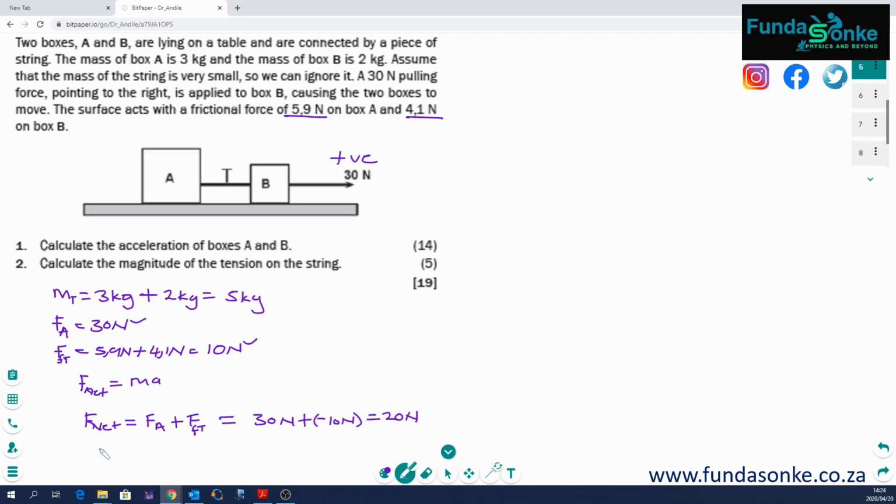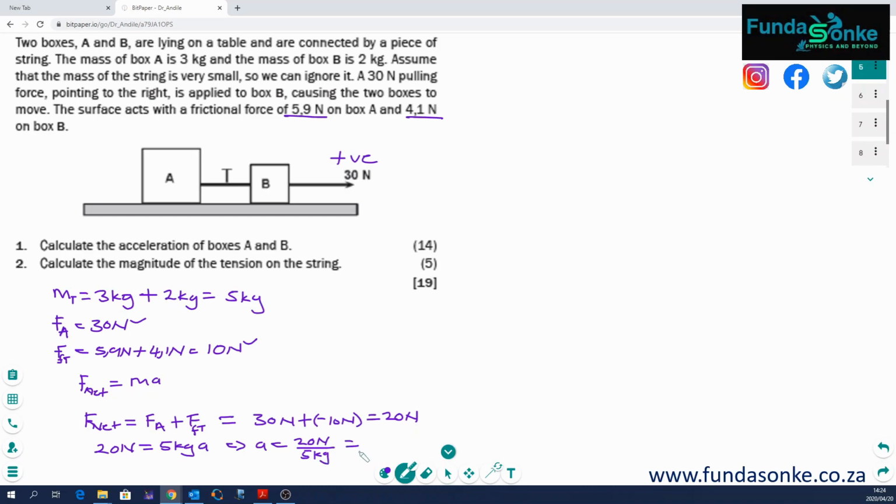Then from our equation, F net is equal to mass times acceleration, we can therefore say 20 newtons will be equal to the mass, in this case 5 kgs, multiplied by our acceleration, which implies that our acceleration will be equal to our 20 newtons divided by our mass, which is 5 kgs.